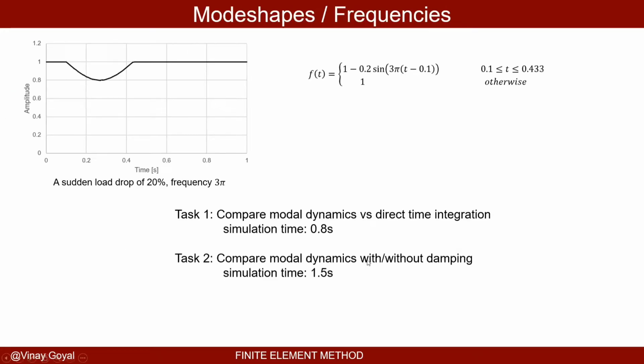Now we're going to assume that during the working stage we have a certain gust of the lifting force, which is even for all the surfaces. The sudden gust is 20%, and the frequency for that is 3 pi, so 10 hertz.